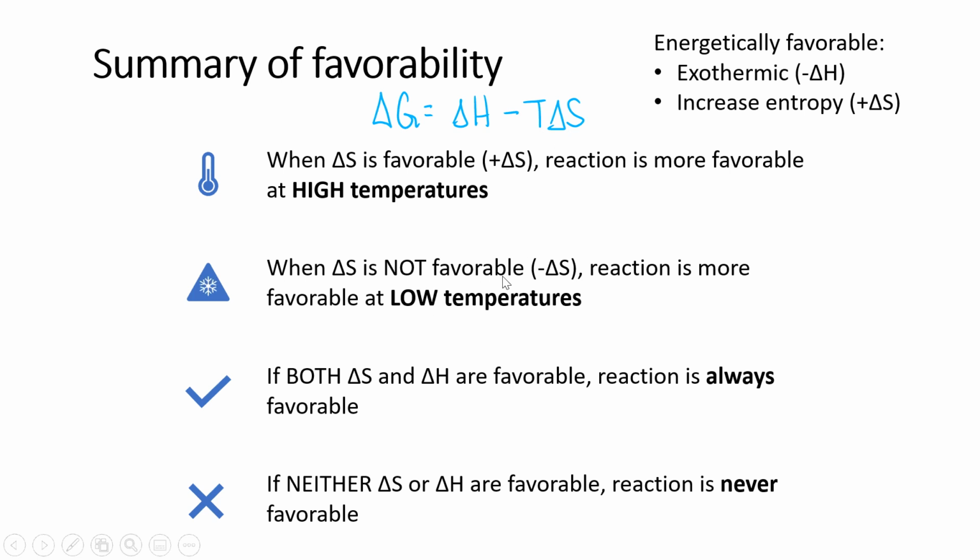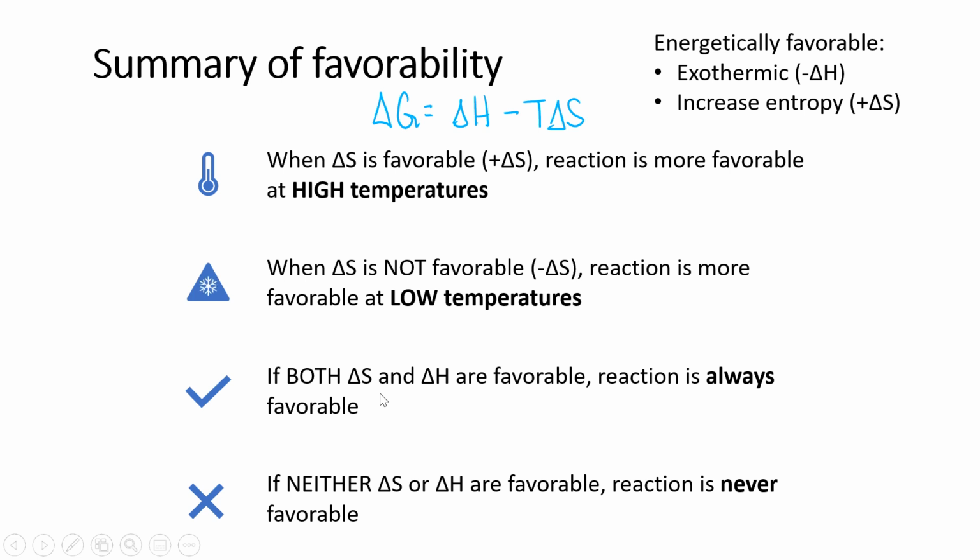If your delta S is not favorable, so if you have a decrease in entropy, then the opposite is true. These would be more favorable at low temperatures, because you want to minimize the impact of that entropy change. So if delta S is positive, it's more likely to occur at high temperatures. If delta S is negative, it's more likely to occur at low temperatures.